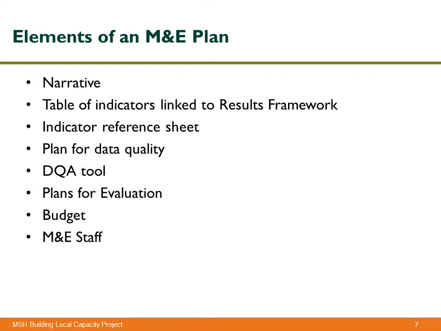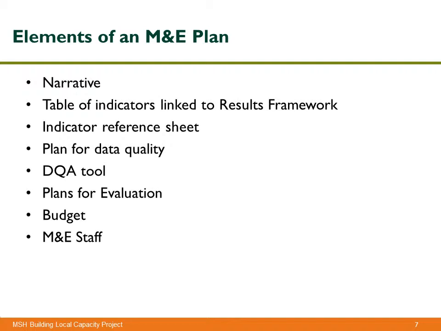The course will help you to start thinking through the key elements of your M&E plan. The M&E plan is a living document that should be developed in consultation with your implementation staff and other stakeholders. The document should present your results framework with narratives describing your strategic objectives and various levels of expected results, as well as strategies for achieving the results. There should be a table of all the indicators linked to the results framework, as well as indicator reference sheets for all the indicators.